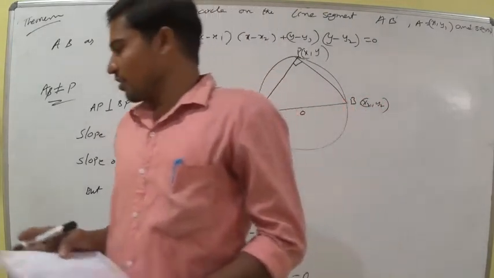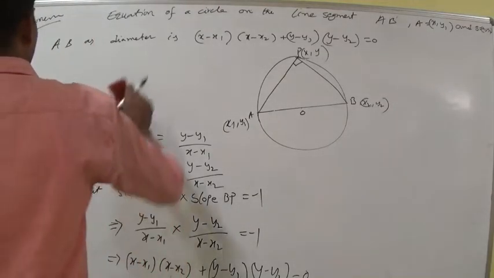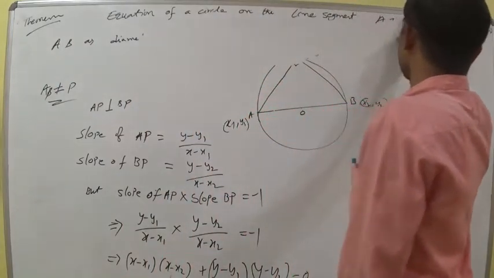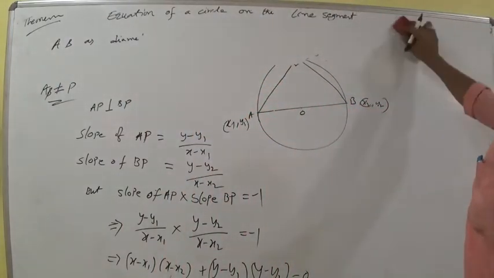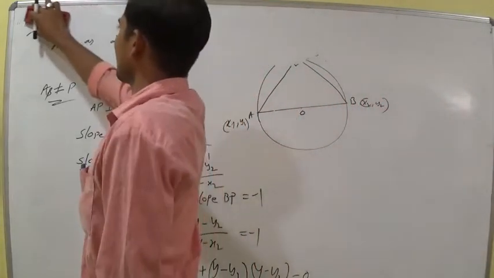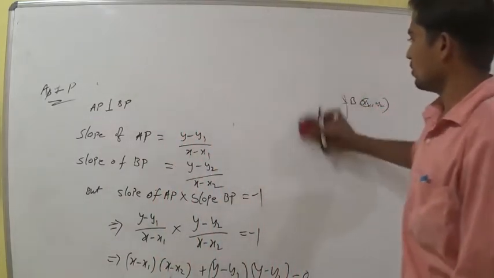Next, some important notations in our pair of straight lines: S, S1, S11, S12 and S22. Here S = x² + y² + 2gx + 2fy + c = 0.